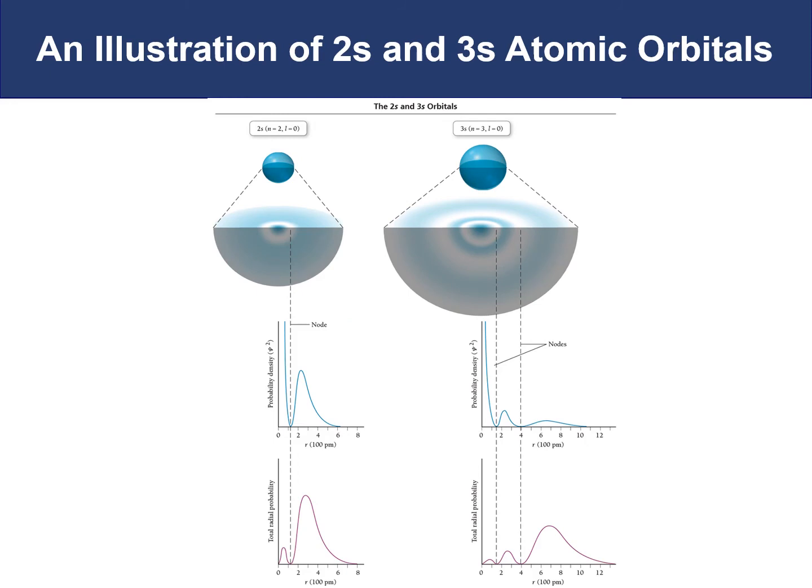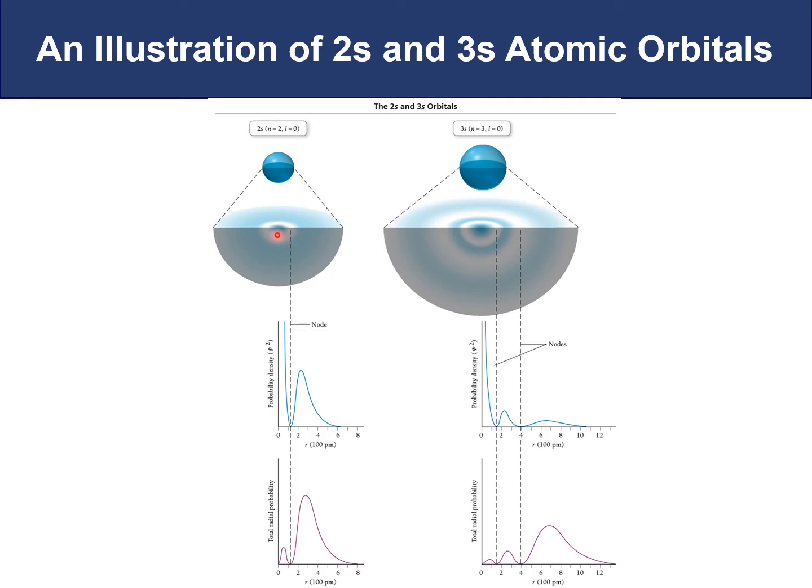When we go to the larger s orbitals, the 2s and 3s, what we see is that there is a node in the probability density function. So the top two graphs here are the probability density functions, and the bottom graphs are the total radial probability functions. For the 2s orbital, there is a point in space that there is a zero probability of finding the electron.